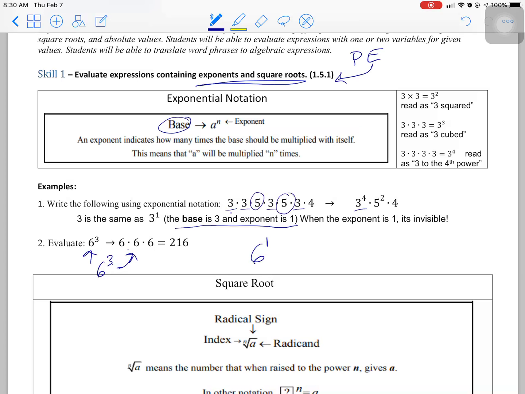Then we have 2 5s, that's 5 to the 2nd. And then there's only 1 4. So I will accept a little 1 there. I wouldn't do that in the homework, but there really is a 1 right there. So you can put the 1 there or not. But you don't want to multiply this out and give me a big whopper number if it says please leave it in exponential notation. Okay?